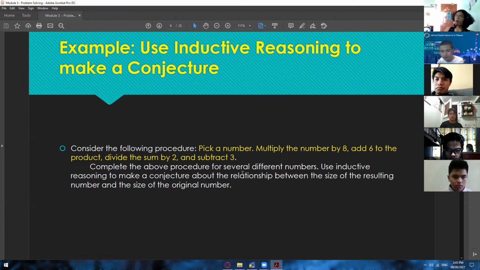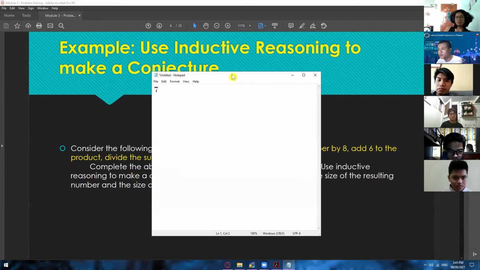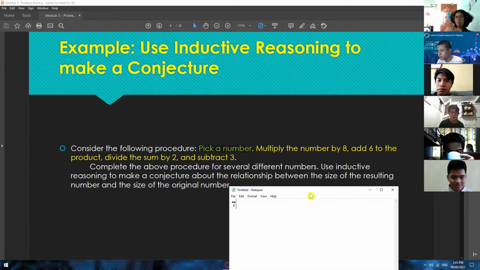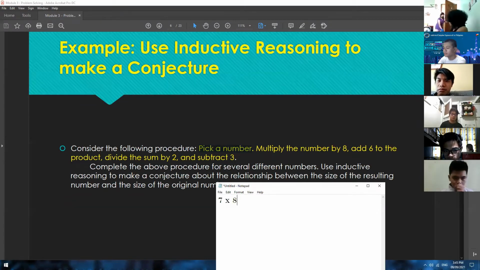Okay, so anyone who would like to suggest a number? Sasser, pick a number. Any number will do. 7. Okay, so let's use a notepad. We have 7 as our original number, and then we have to multiply that by 8. 7 times 8 is how many? 7, 14, 21, 28, 35, 42.